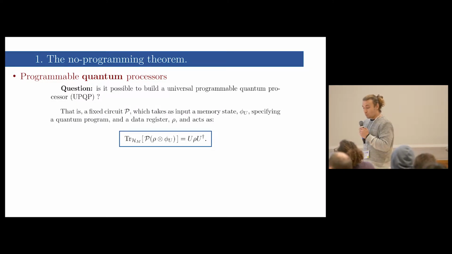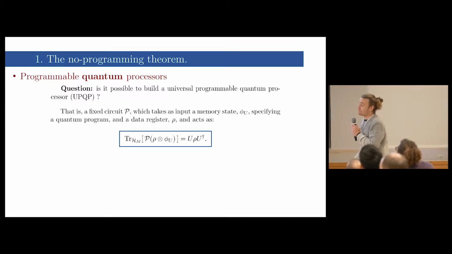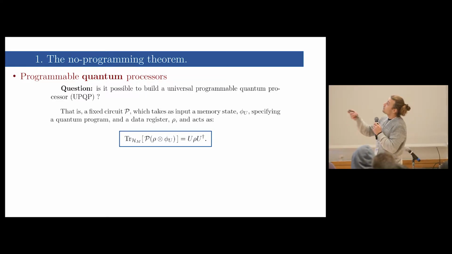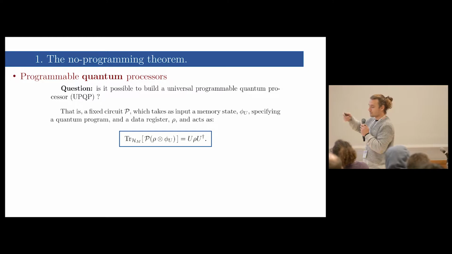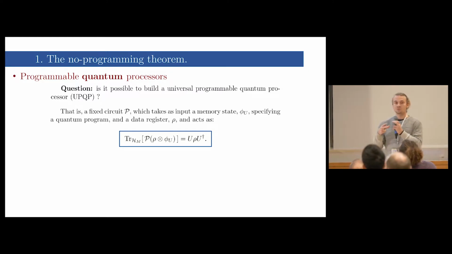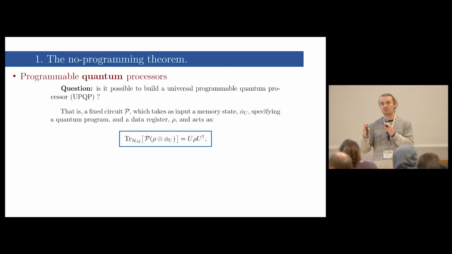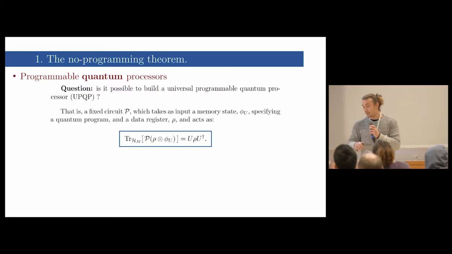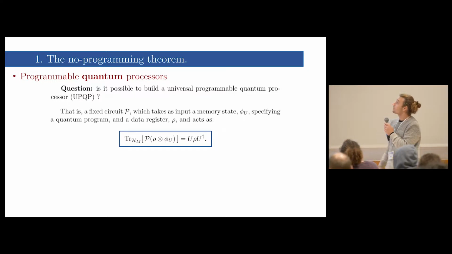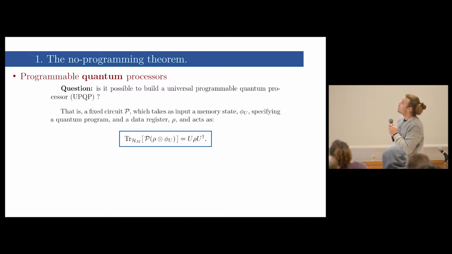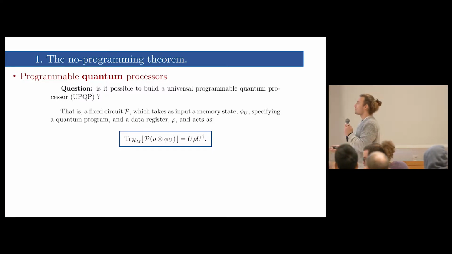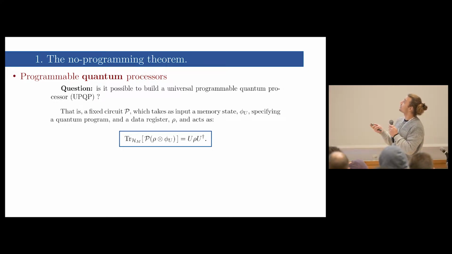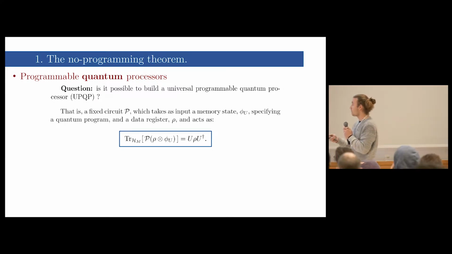The first question we must ask is: I introduced some programmable quantum processors, now I want to make them universal, in the sense that we want a quantum circuit which is able to compute any unitary operation on our input state, encoding this unitary in some memory as before. And we wonder if these objects exist. Can we build a universal programmable quantum processor, UPQP from now on?